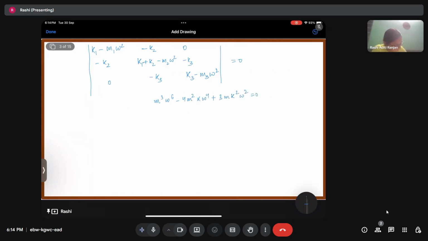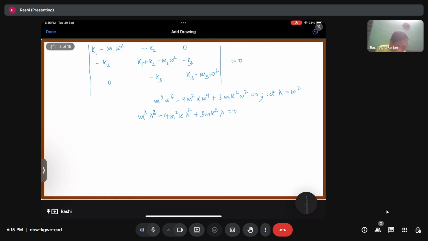If we assume lambda is equal to omega square, then we have m cube lambda cube minus 4 m square k lambda square plus 3 m k square lambda is equal to 0. Now, this is a third order polynomial and we need to find the roots.